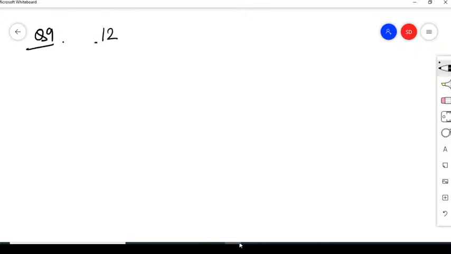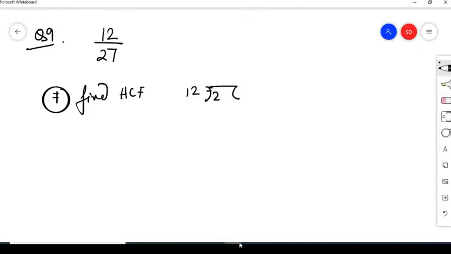So 12 by 27. Now I think you all know a little bit of cancellation. So we will always cancel or divide by the same. There is one way. First method is find the HCF of both the numerator and the denominator. So 12 and 27.